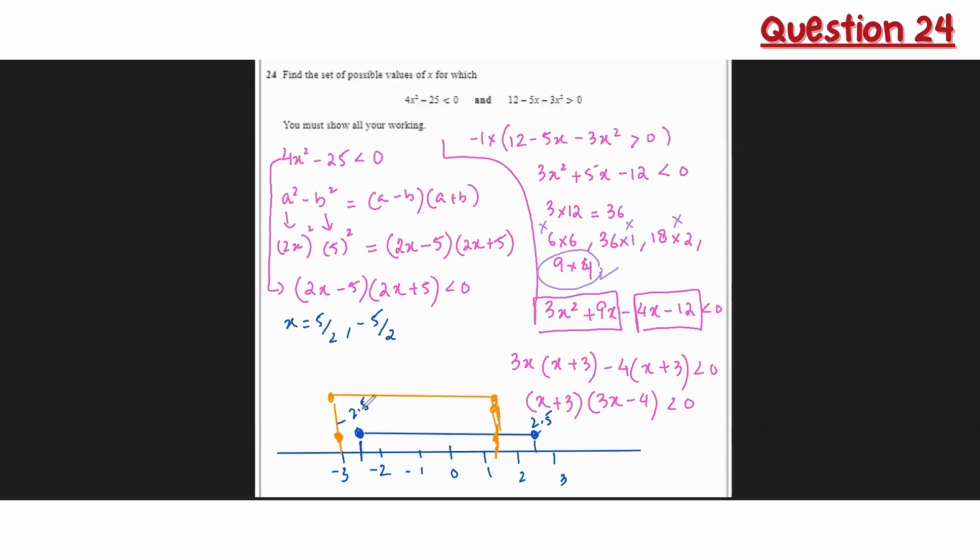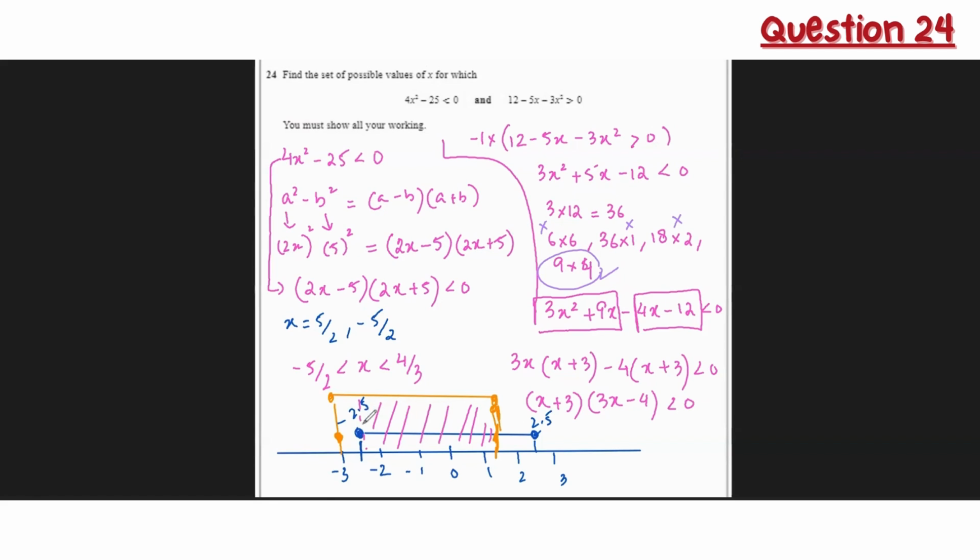This inequality represents this range of values and the other inequality represents this range of values. So we have to choose the part which is overlapping. The overlapping part is this part. So x is less than 4/3 and x is greater than -5/2. This is the set of possible values.